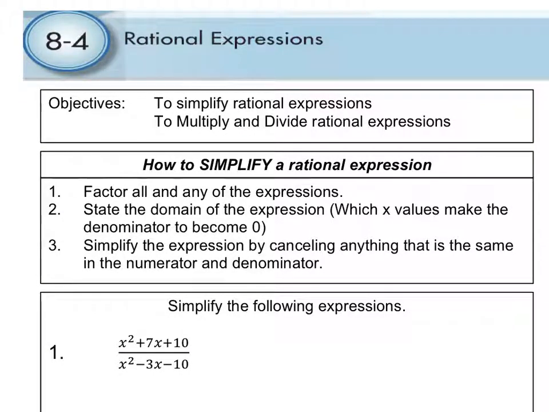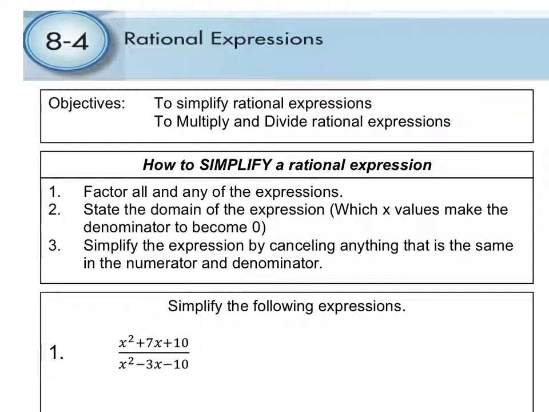And this is section 8.4, and we're looking at day 1, and we are simplifying what we call rational expressions. Now, a rational expression is a ratio.